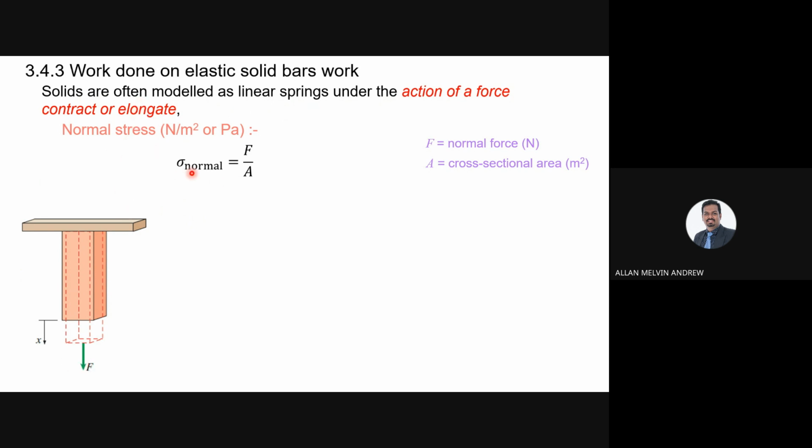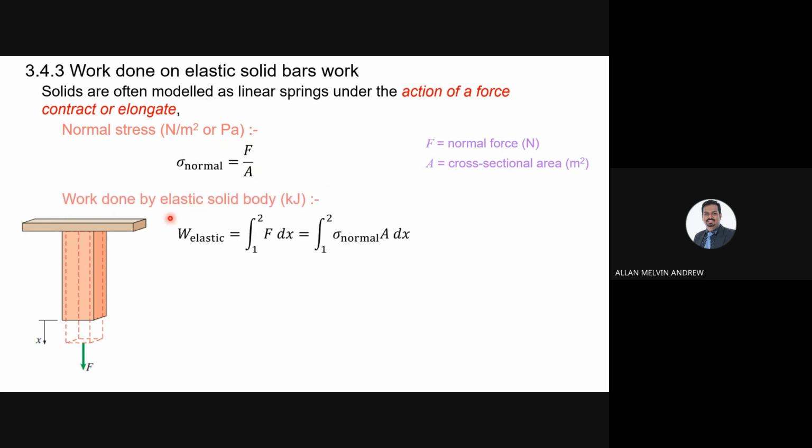This we covered in chapter one or chapter two. Stress equals force over area. A force constantly applied over an area becomes stress. Normal stress is 90 degrees to the plane. So normal stress equals force over area.